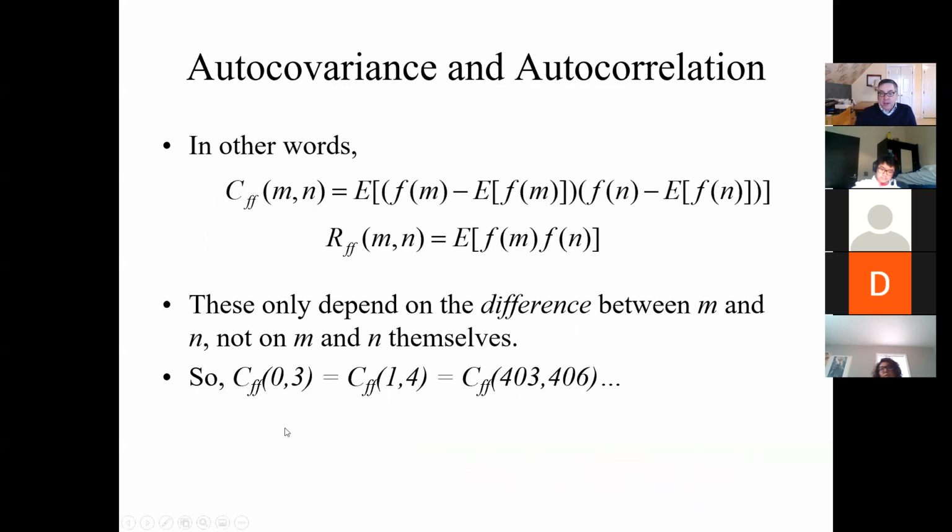And so when we go back and look at the autocovariance and autocorrelation, by the way, these are just typical symbols used for these things. I used to get them confused all the time.